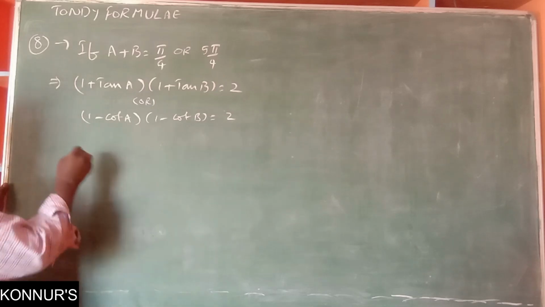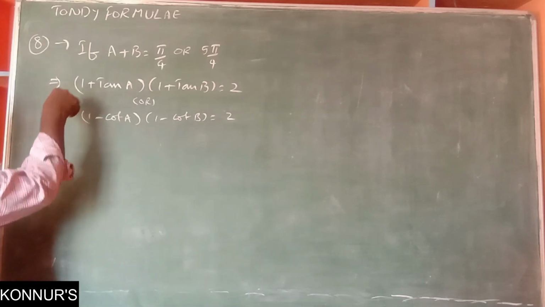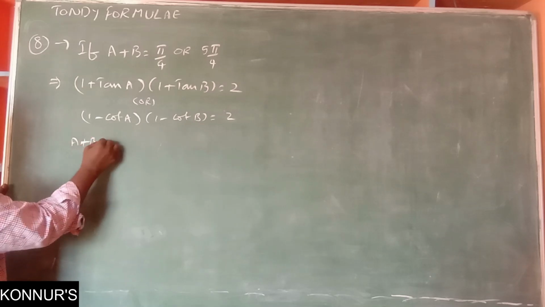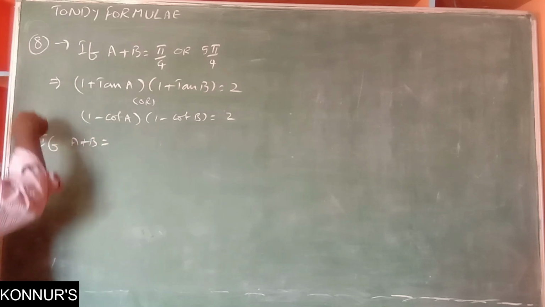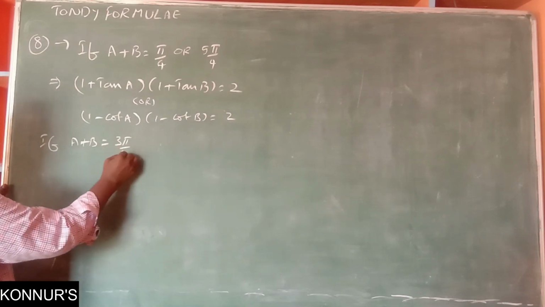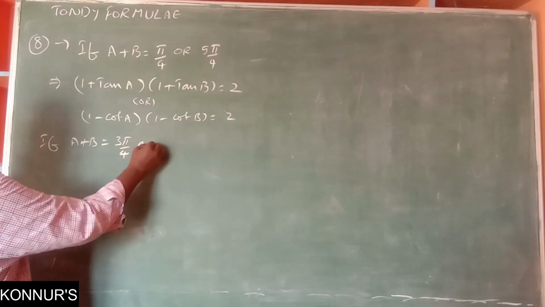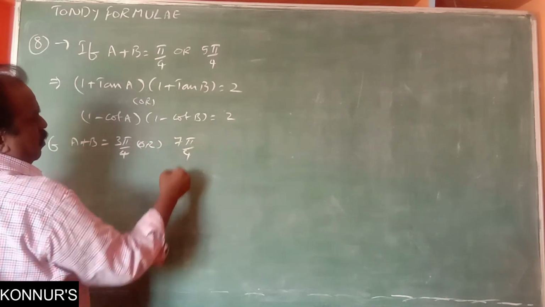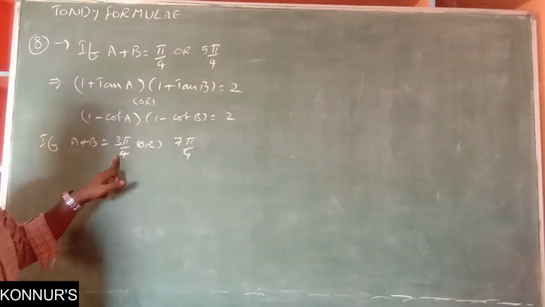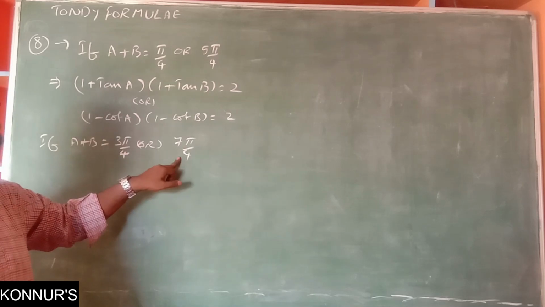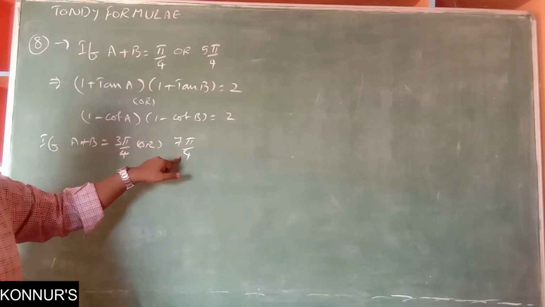Okay, now you see, related to this one, if A plus B is 3 pi by 4 or 7 pi by 4. 3 pi by 4 is 135 degrees in the second quadrant. 7 pi by 4 is 315 degrees in the fourth quadrant.